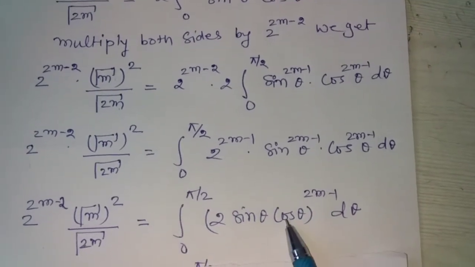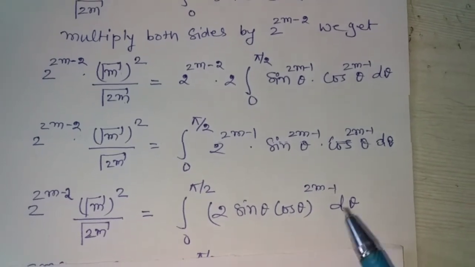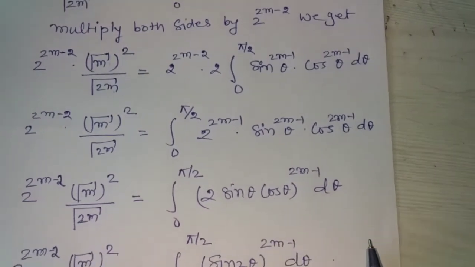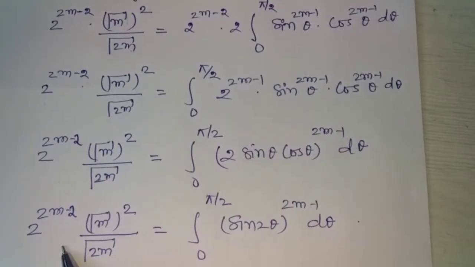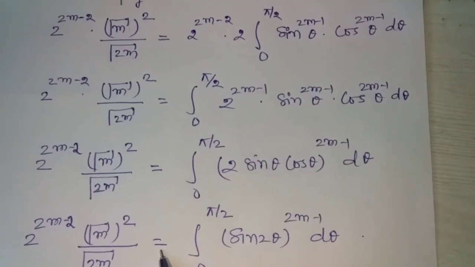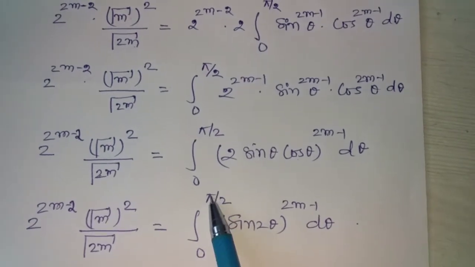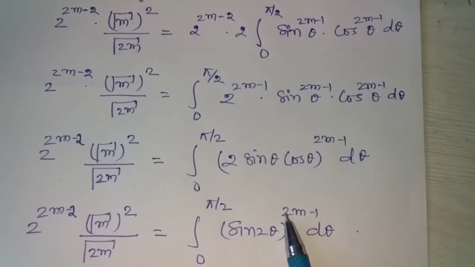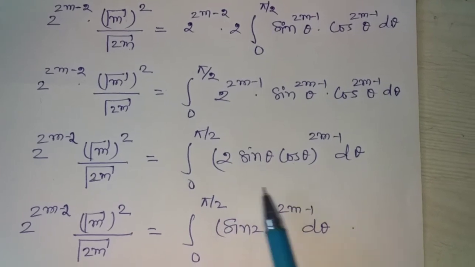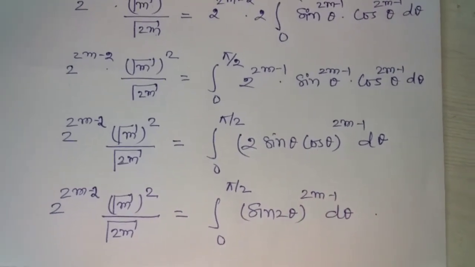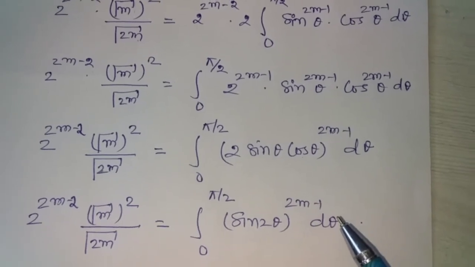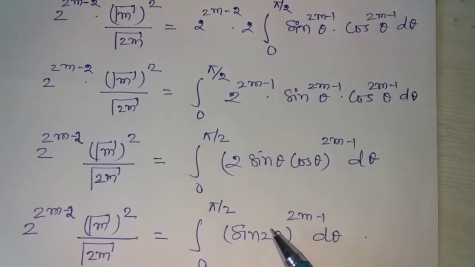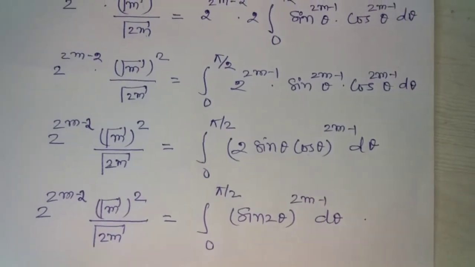Now 2 sine theta cos theta becomes sine 2 theta. So again, the left hand side as it is, and in the right hand side we get the integral from 0 to pi by 2 of sine 2 theta whole raised to 2m minus 1 d theta. Now in this integral we use the transformation 2 theta equal to phi.